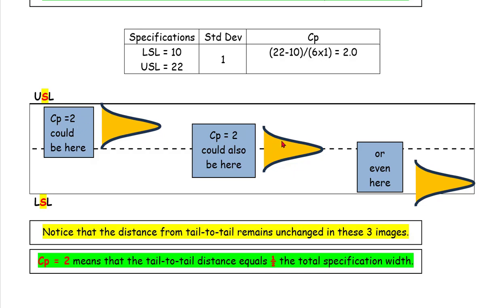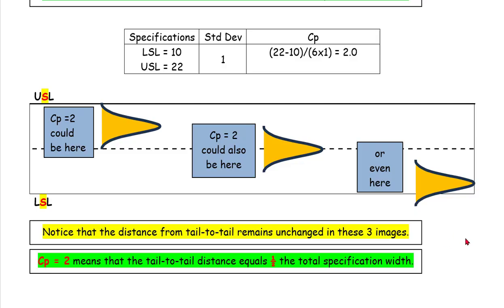This is also a CP of 2 because, again, CP does not take into account where it is within the specification. It could even be here and still have a CP of 2. In fact, you could even have your whole bell-shaped curve outside here and you would have a CP of 2, although you'd be producing 100% defective product.